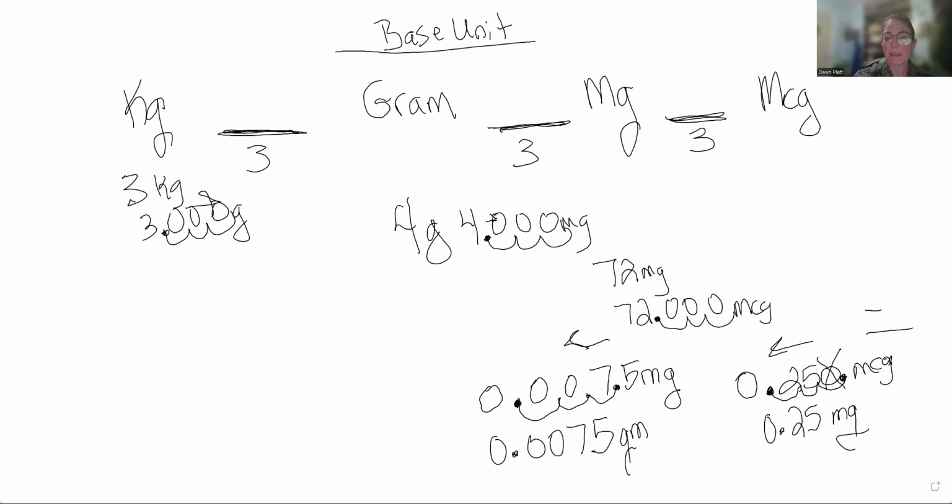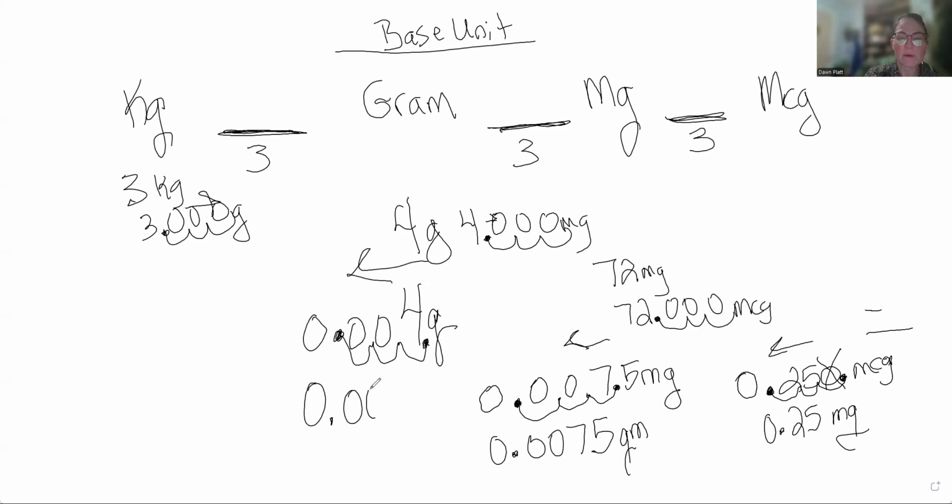The same concept: if I started off with 4 grams and wanted to go to kilograms, I'm going to move my decimal point over left, 1, 2, 3. Here's my decimal and a preceding 0, and I'm going to have 0.004 kilograms.